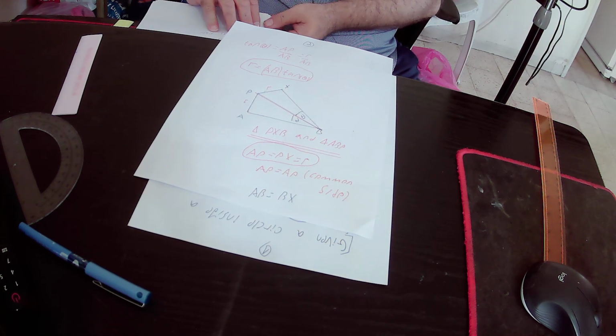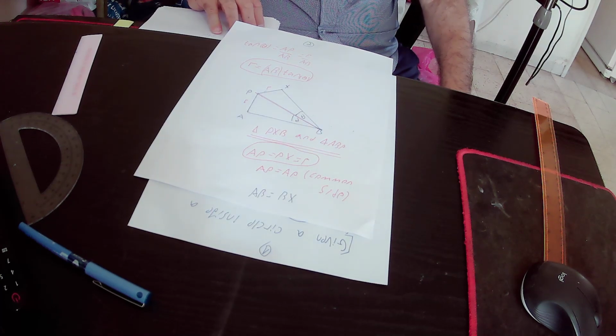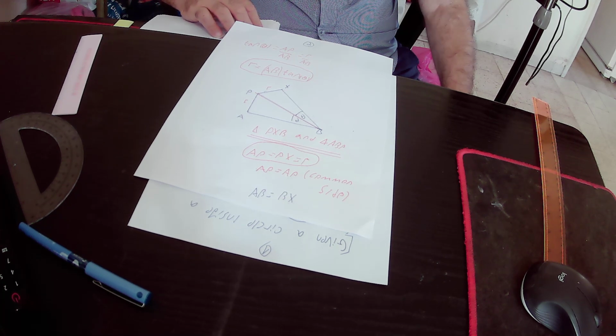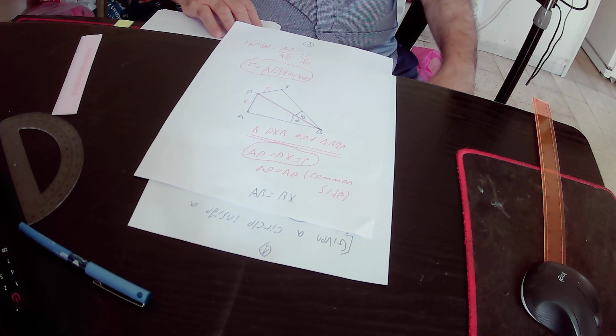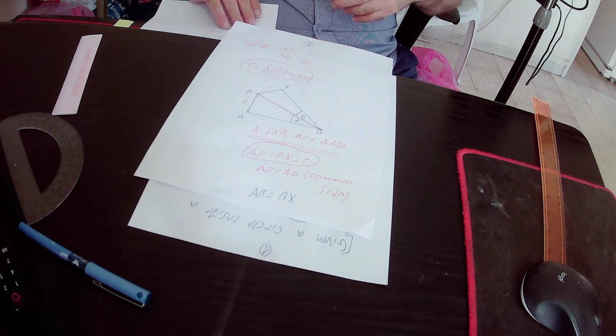the two tangents theorem. The two tangents theorem states that the lengths of two tangents from a common external point to the circle are equal.